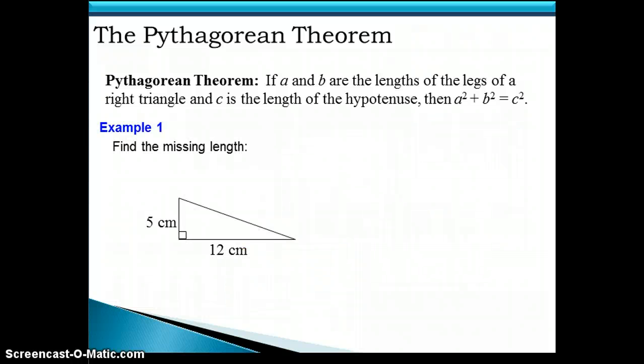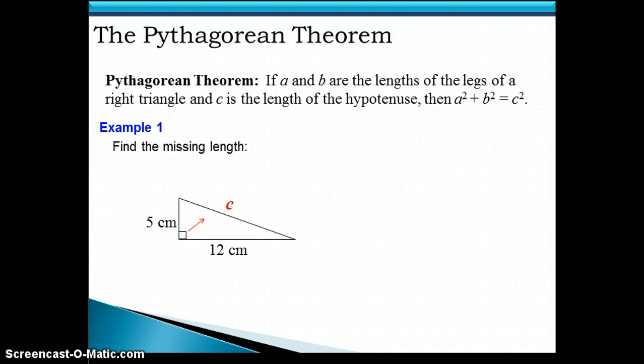So here's a right triangle, you can tell by the marking, and we want to find the missing length. So we start by labeling our three sides. Note that the side directly opposite of that right angle is the missing length, so we're going to label that as C because that's going to be our hypotenuse.